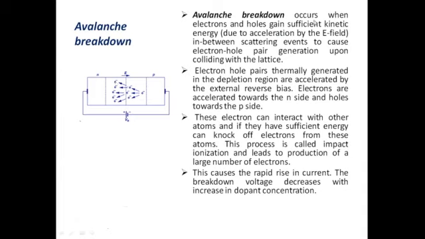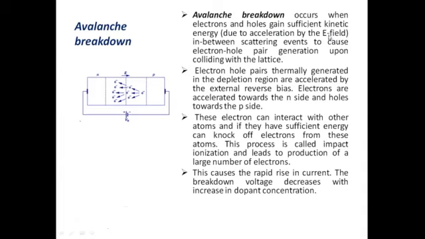See, avalanche breakdown occurs when the electrons and holes existing intrinsically in the depletion region gain sufficient kinetic energy due to acceleration by the electric field. Who is accelerating?